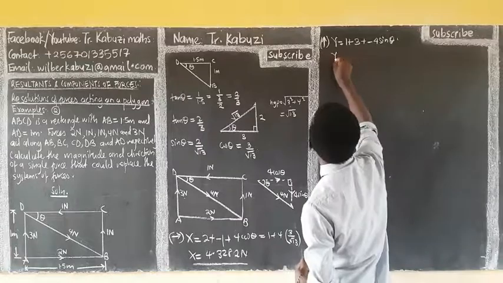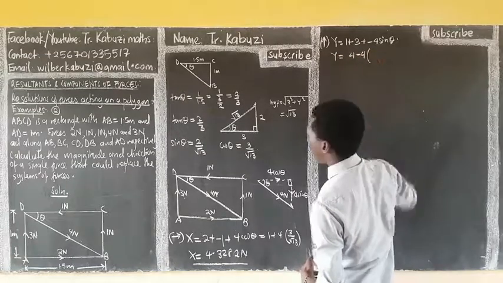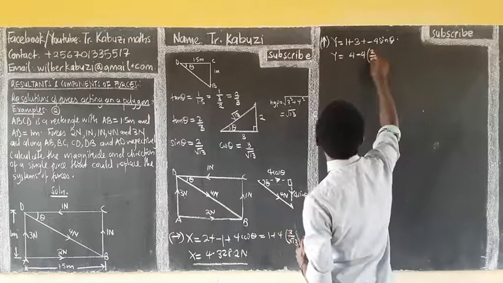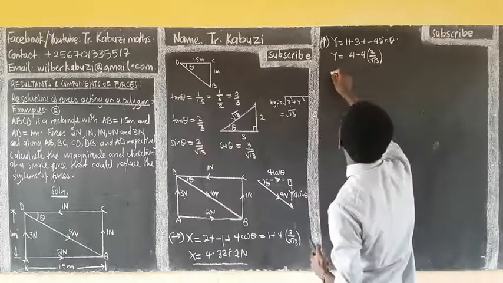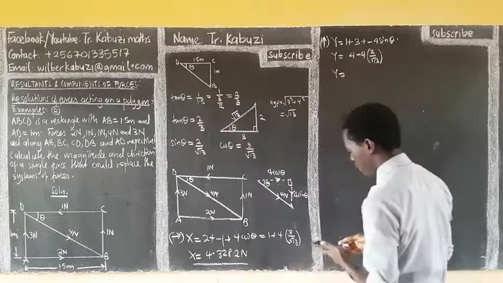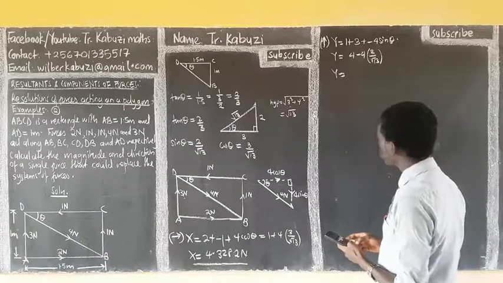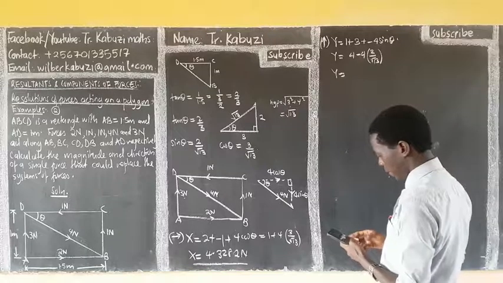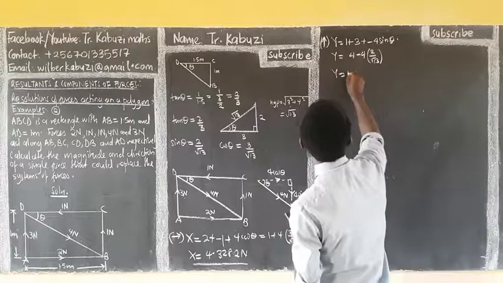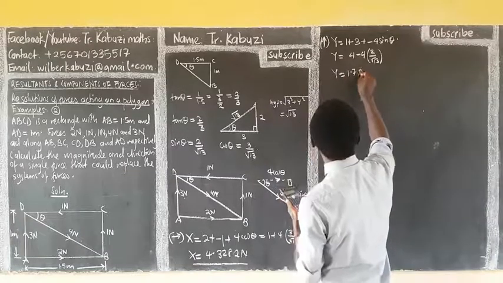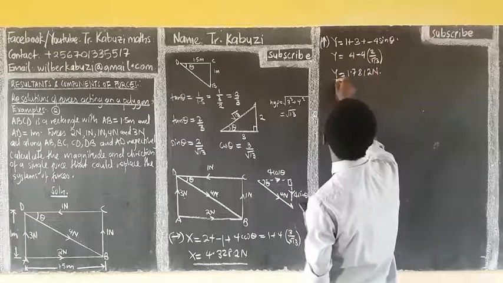And so our y will be 4 minus 4. Now our sine theta was 2 over root 13. And so our y here is going to be 1.781 newtons, and that is R1.